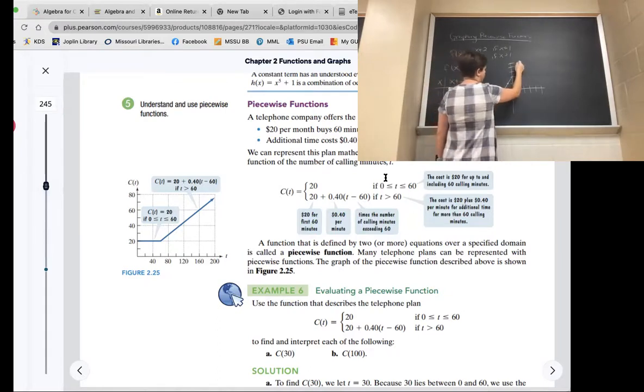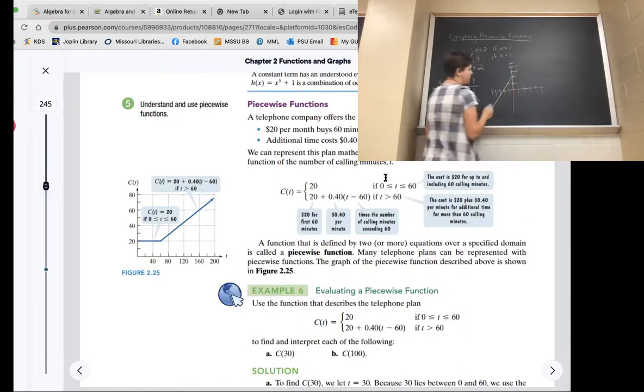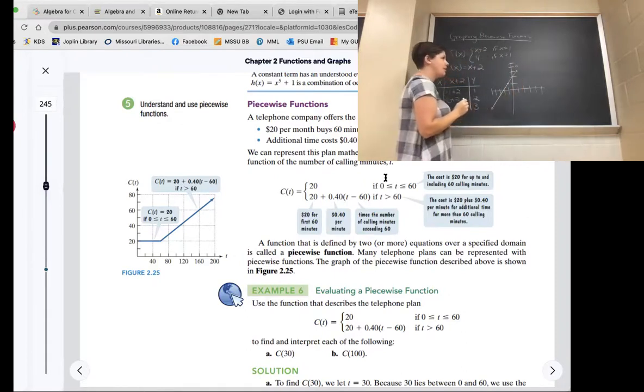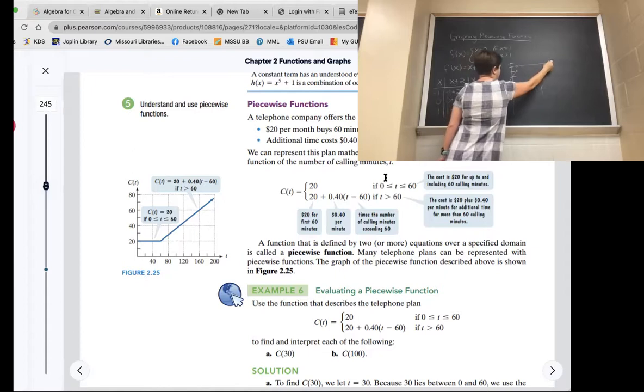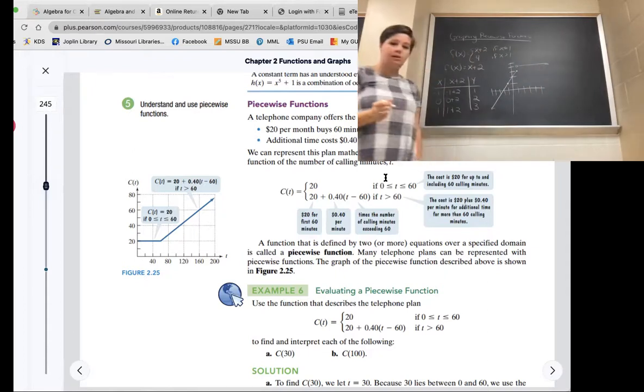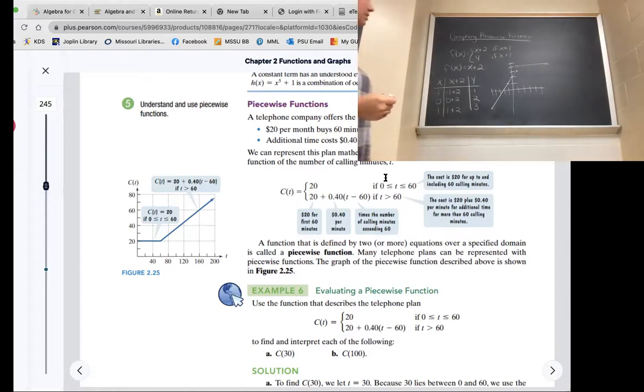So it's going to be a straight line out of the 4, but we're going to use an open circle because we don't want x to equal 1 at that point. It says if x is greater than, but then we do have a constant function going off from that. And there is a piecewise function, a piecewise graph.